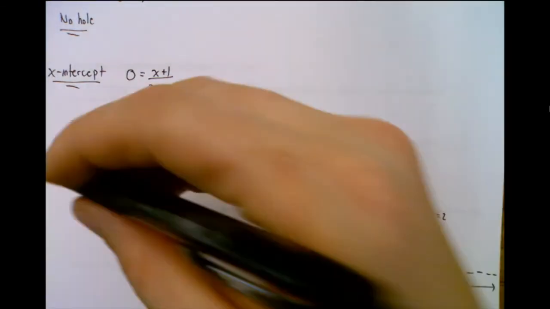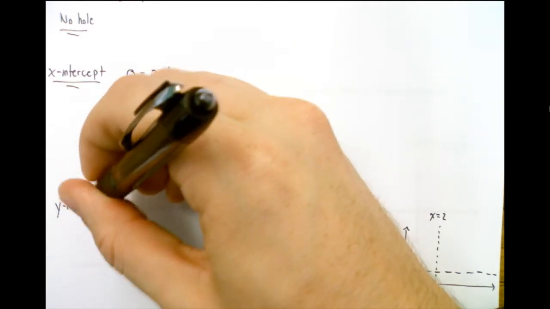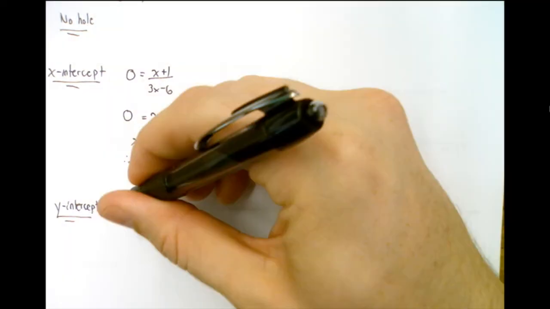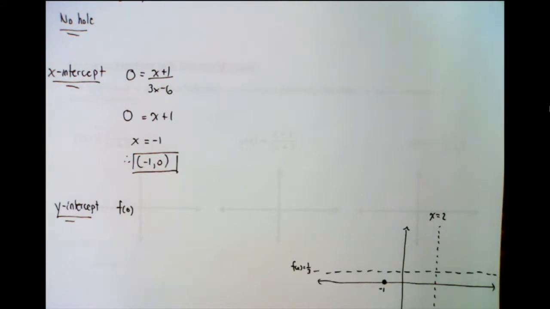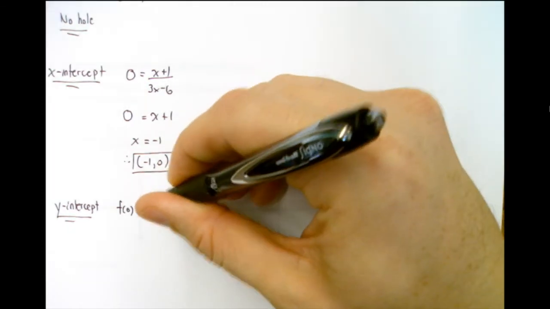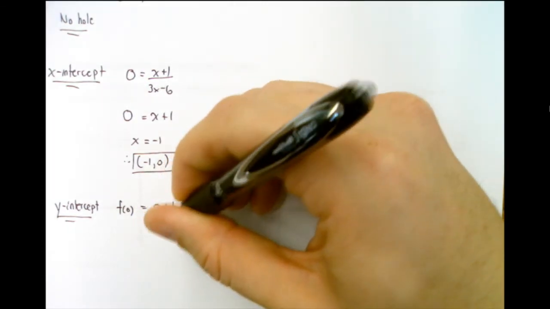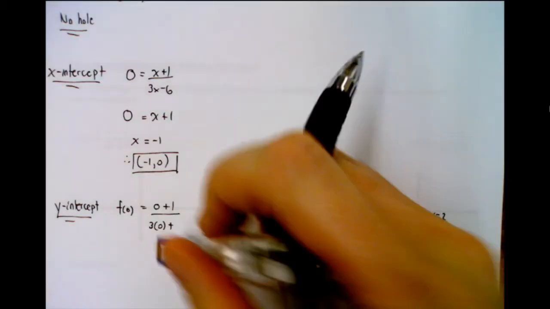To find our y-intercept, our y-intercept occurs not when the function equals 0, but the function at 0. So when x is 0, what's y? Well, let's replace all of our x's with 0. We'd have 0 plus 1 over 3 times 0 minus 6.